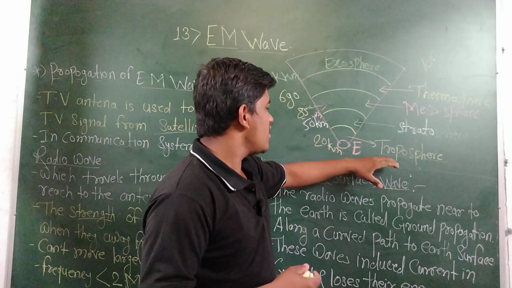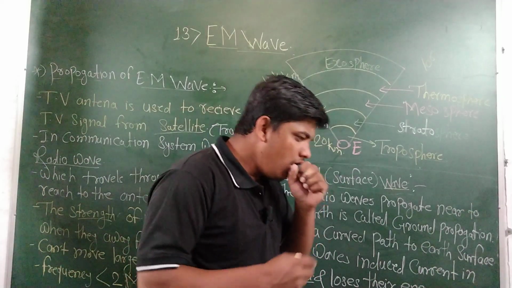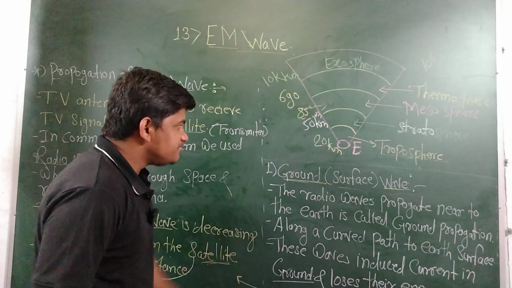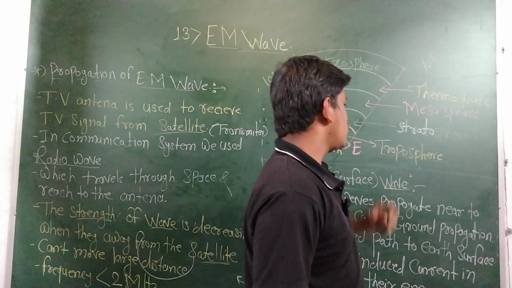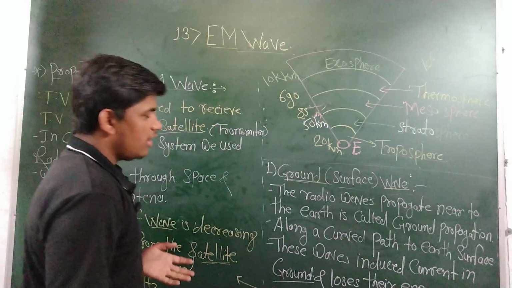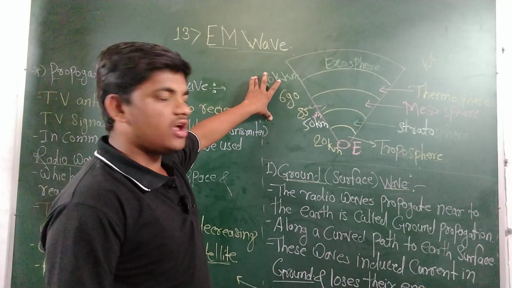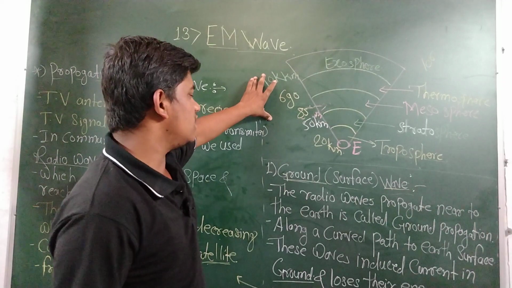Closer to the earth's surface the minimum thickness is 20 kilometers, that is the troposphere.